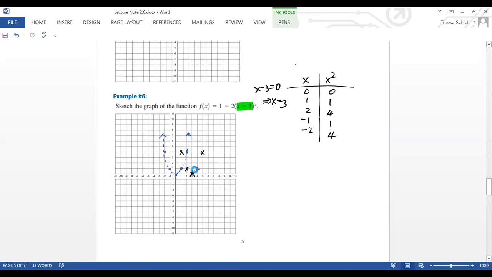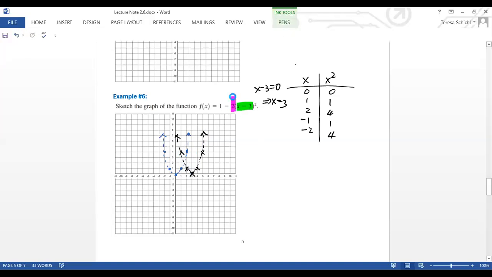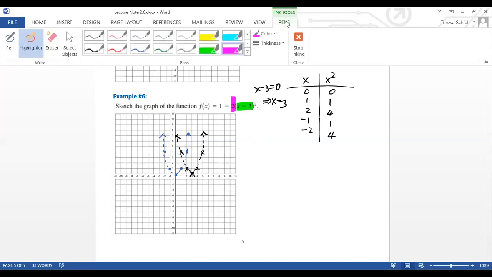So still, these are dotted lines, right? Because I have not finished my operation yet. Okay, now the next thing I need to do here, right? Times. So I need to times what? Times 2 here, right?